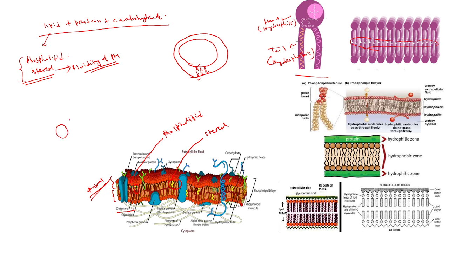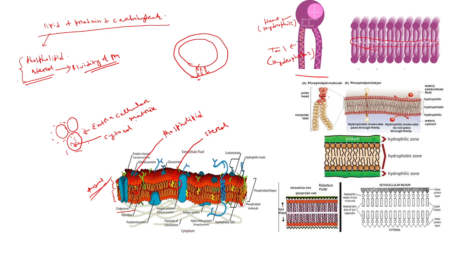Always in the cell, let's say this is one cell, this is another cell, this is another cell, and this is called the extracellular matrix. And the inside of the cell is called the cytosol.